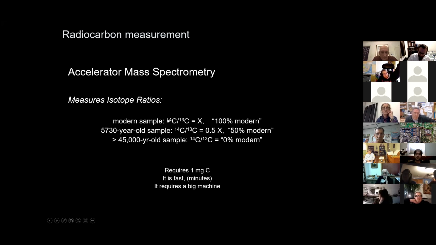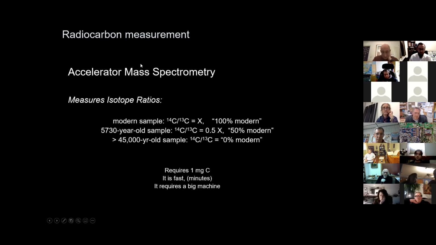A modern sample has a carbon 14 to 13 ratio that we'll just call X. In reality, that X is 1 over 1,000 billion. But that's such a small number that it's cumbersome to think in those terms, so again we use this convention. It has a ratio of 100% modern. A 1 half-life old sample, 5,730 years, has 50% modern, and a 45,000-year-old sample has 0% modern.